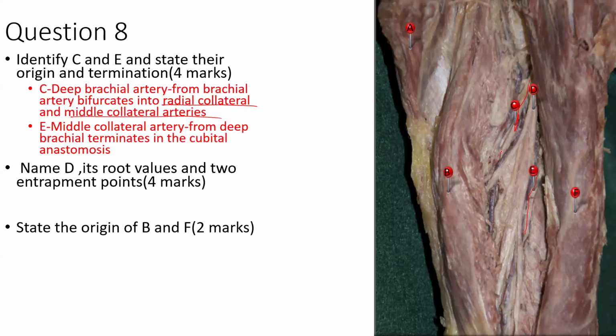The direct continuation of the deep brachial is the radial collateral. Guys, please go read which arteries participate in the formation of the cubital anastomosis. This one I have caught you guys. Kindly go read.